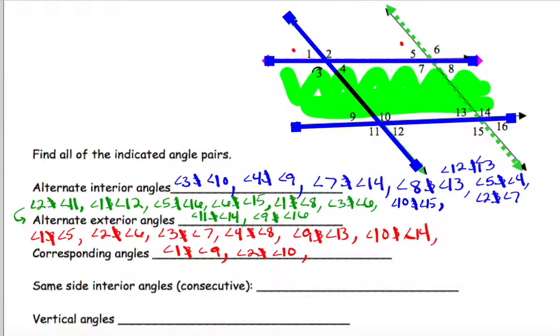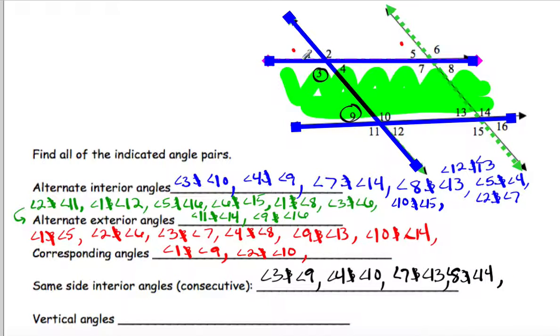Angle 3 and angle 9 are consecutive interiors. Angle 4 and angle 10. 7 and 13. And 8 and 14.